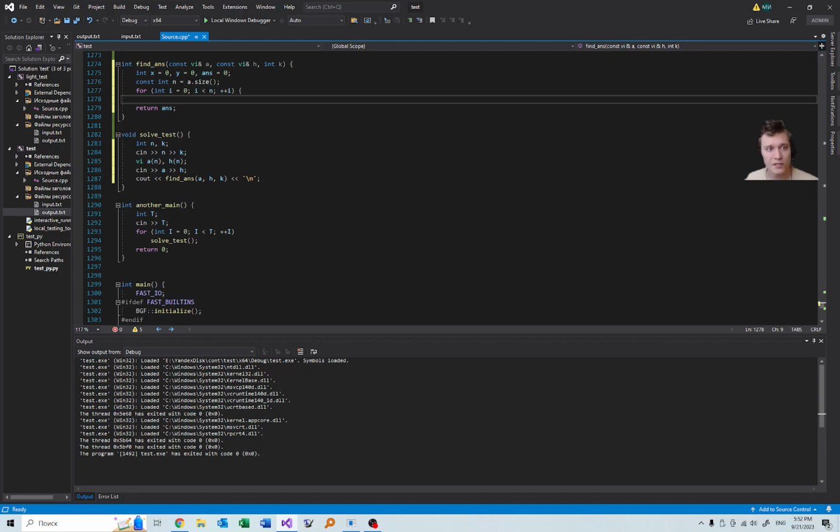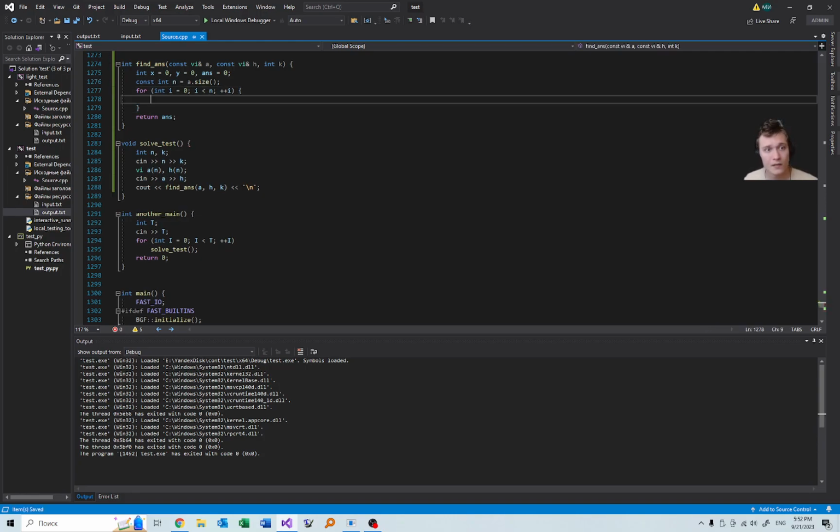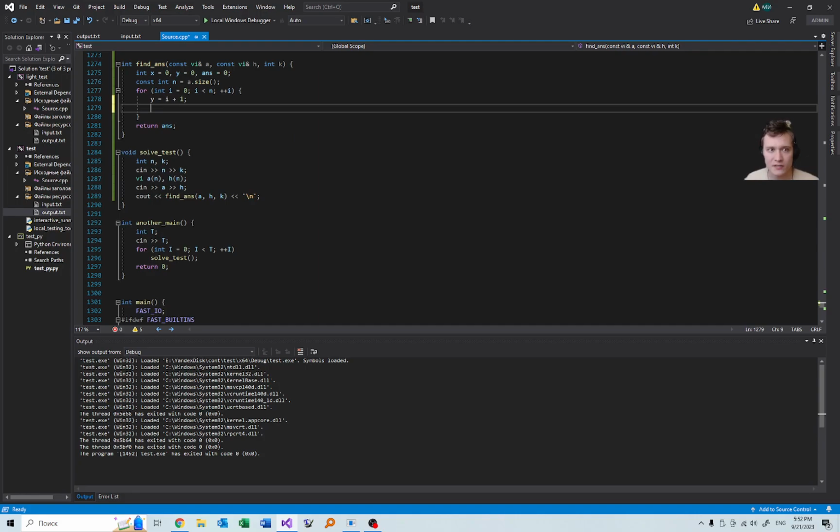Okay, so what do we do here? We try to add 1 to y. So we say that y equals i plus 1. We try to do it. So if i equals 0 or h[i-1] is not divisible by h[i], then we cannot afford it.